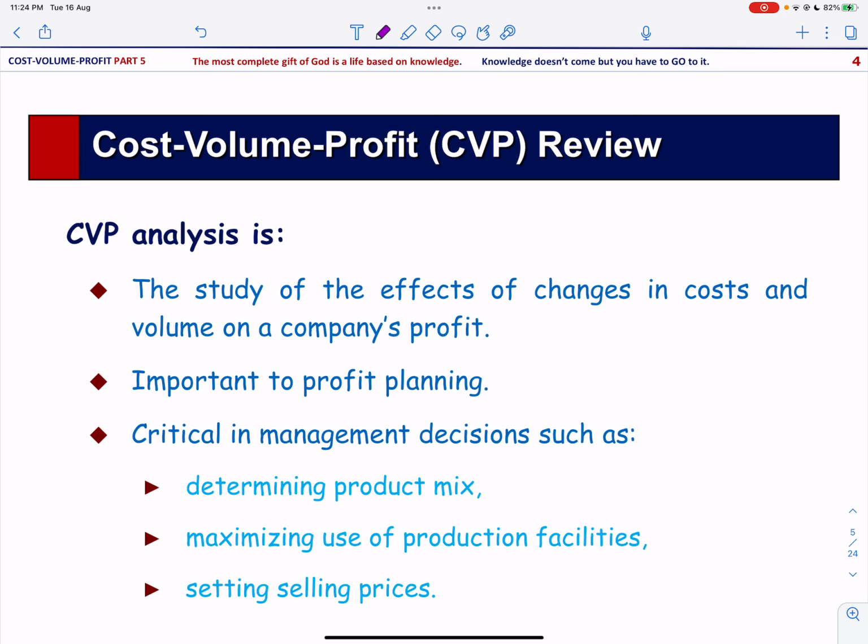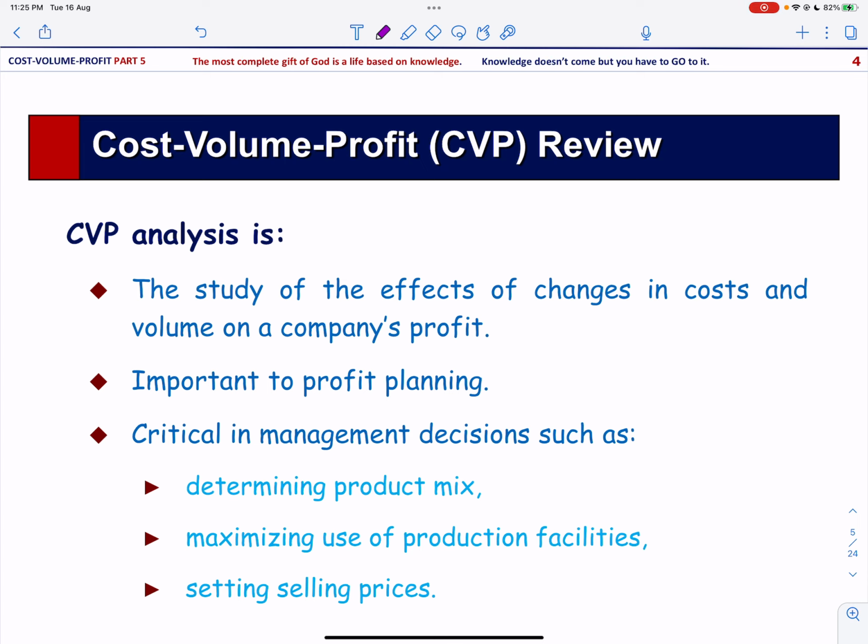It is a way to find out how changes in variable and fixed cost affect a firm's profit. Companies can use cost, volume, profit to see how many units they need to sell to break even or cover all the cost or reach a certain minimum profit margin.